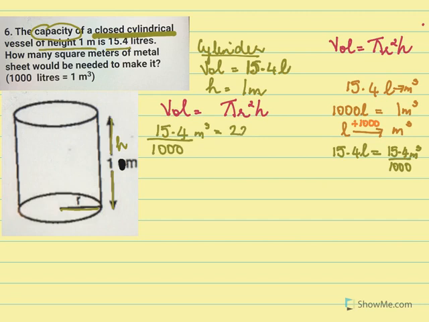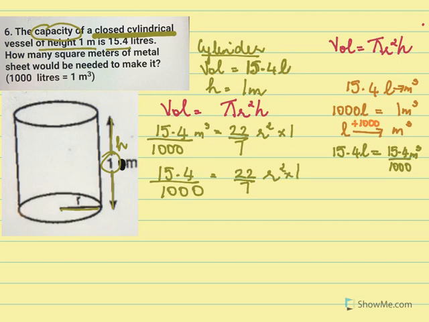And your pi is 22 by 7. You have r square. You have your h as 1, which is given here, and then you start working it out. 15.4 over 1000 equals 22 by 7 r square into 1.